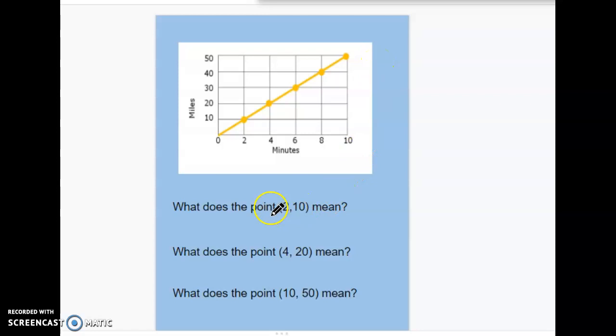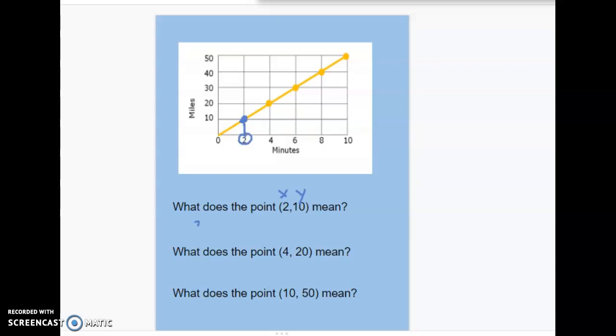Sometimes you may be asked, what does a particular point mean? Okay, so if we look at the point 2, 10, remember this is called an ordered pair, right? And if we find it on the graph, just like we did when we were in 5th grade, let's see, over 2, up 10. We're talking about this point right here. What does that mean? So all we need to do is look at these coordinates. Well, this means 2 minutes.